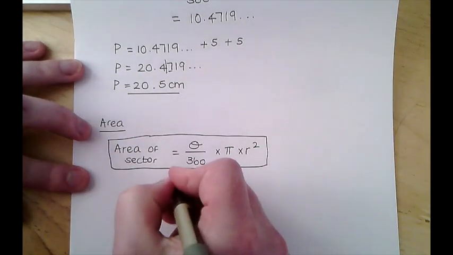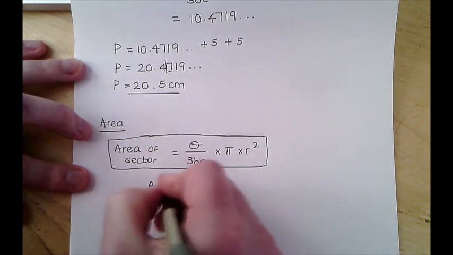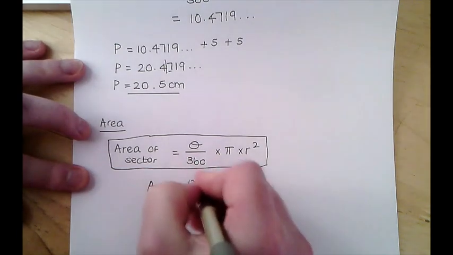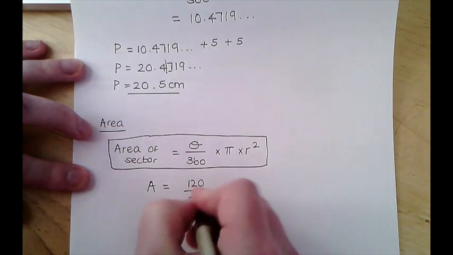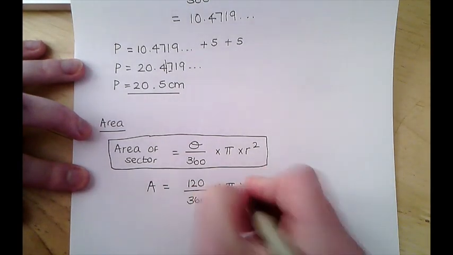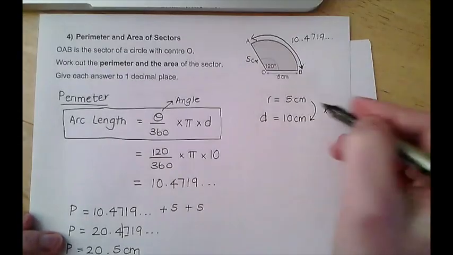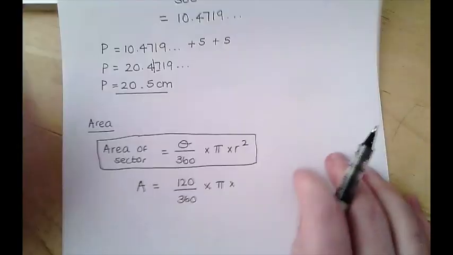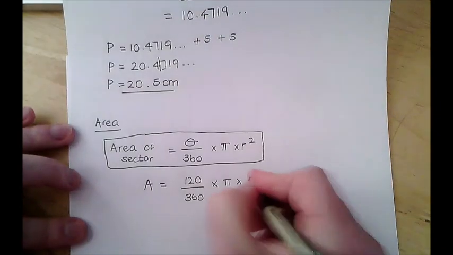So the area is going to be 120, because that was our angle, divided by 360 times pi times our radius, which was 5 centimetres, times 5 squared.